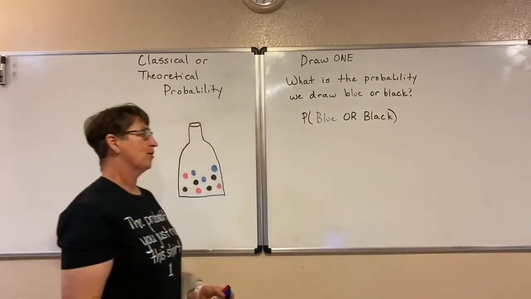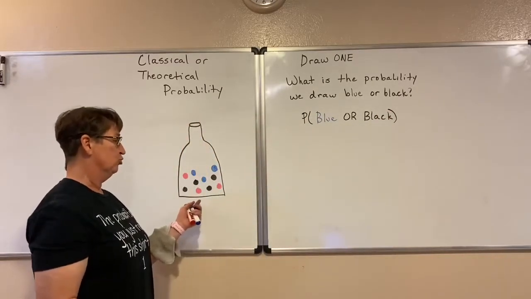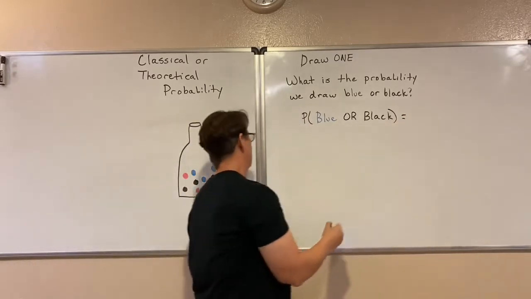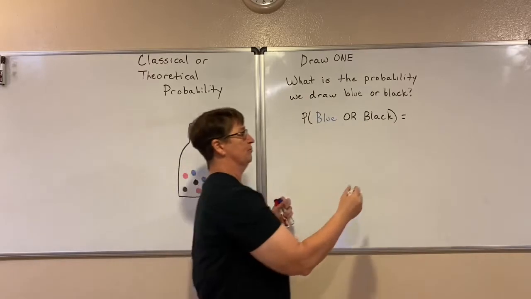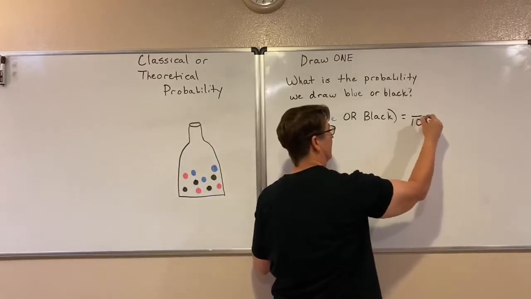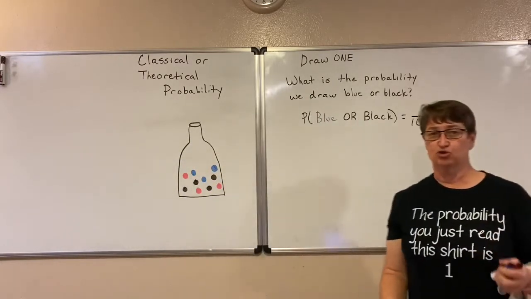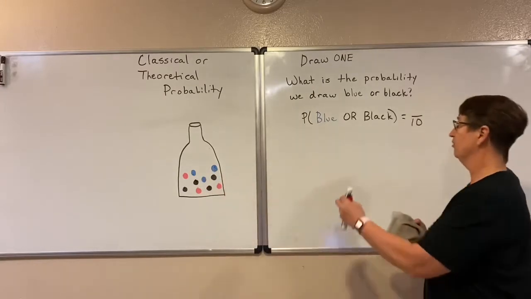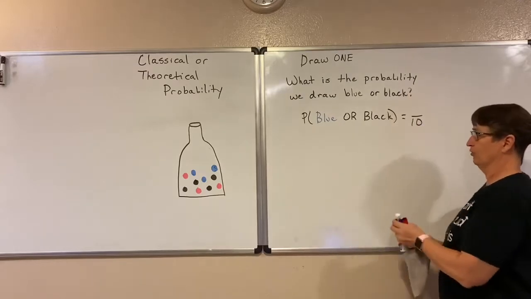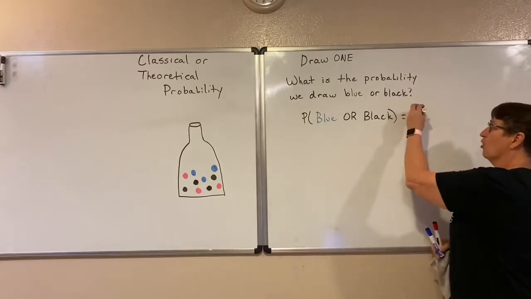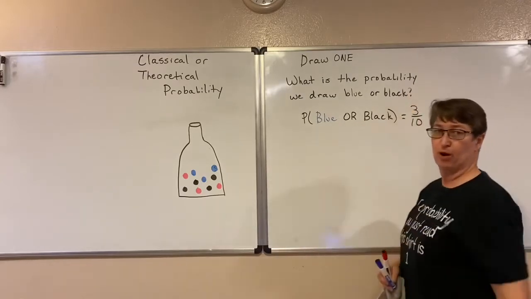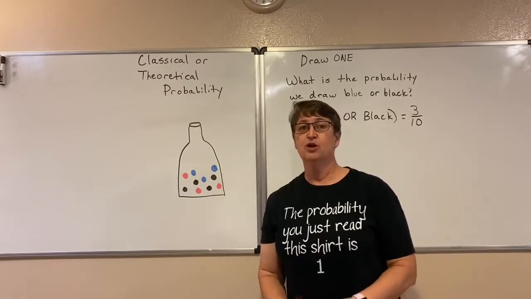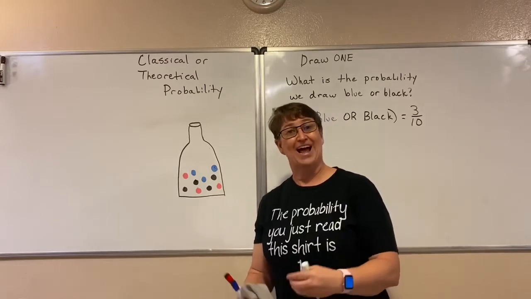So what is the probability that I get a blue on the draw? Well, again, what I do is I put the total number in my denominator, and then I look for the number of ways that I could draw a blue ball. Well, there's just 3 in there, so that 3 is my numerator. That or, remember when we're talking probability, from our probability rules lecture, tells me that I should add.